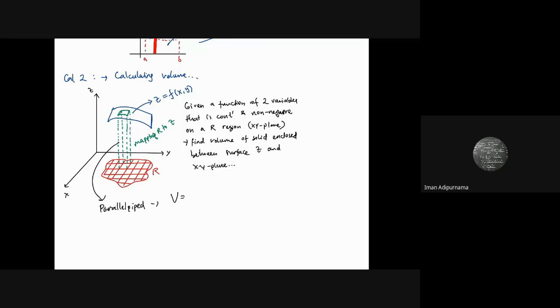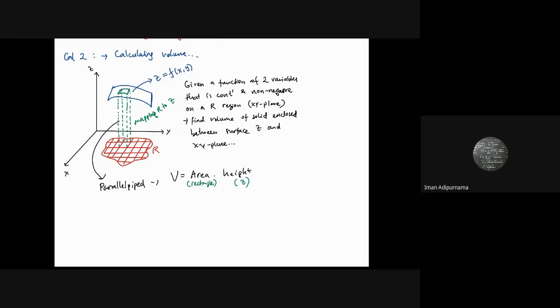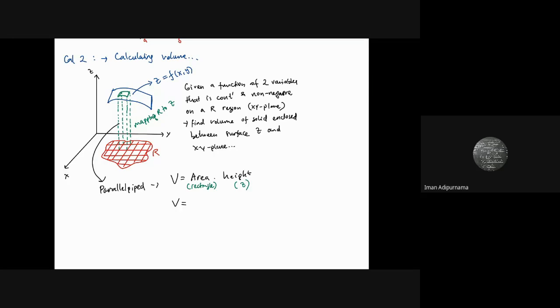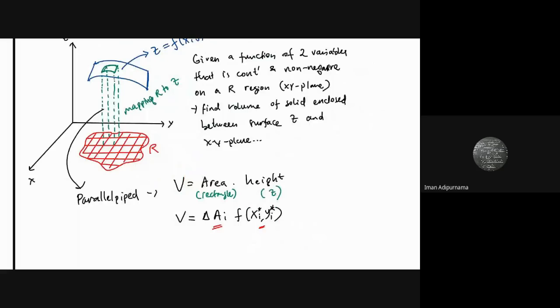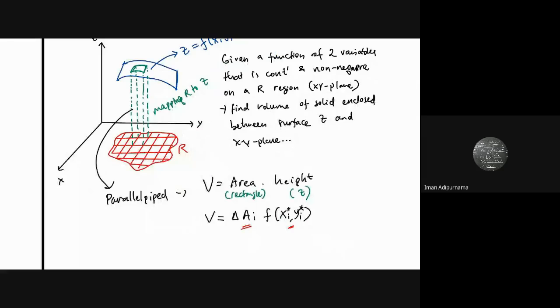The volume is just the area multiplied by the height, or the area of the rectangle, and the height will be the surface Z. With some simplification, this will be the delta, and Z is a function of X and Y. This means the small area here, the square.